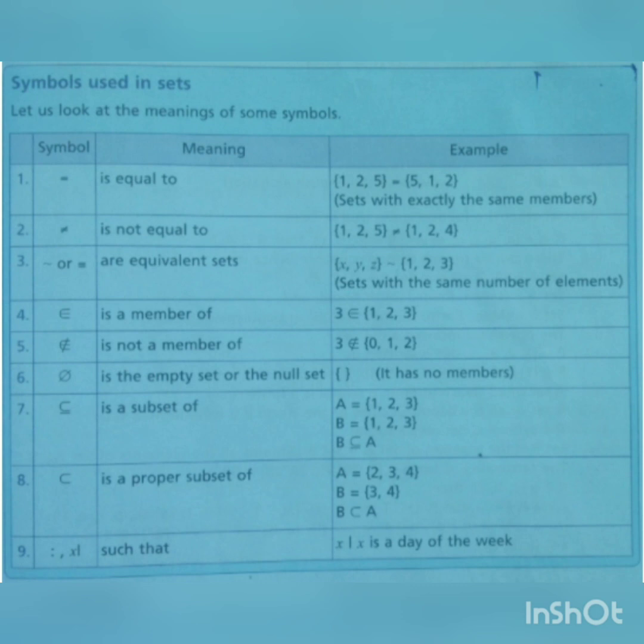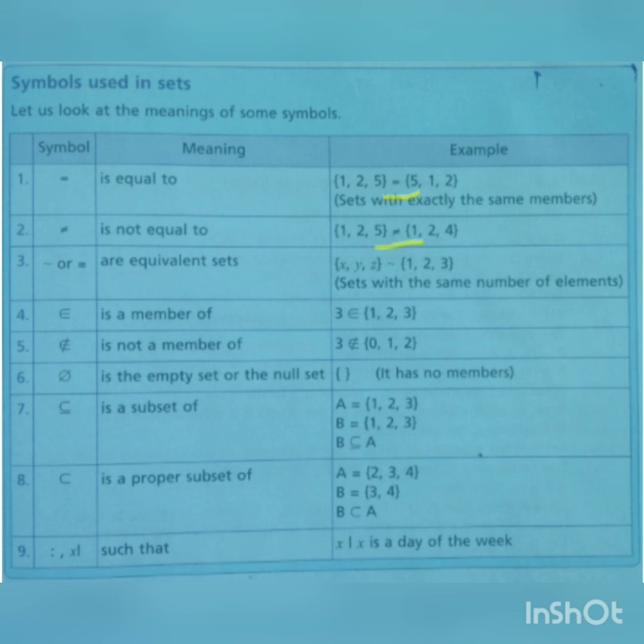We can see the elements of the first set are equal to the elements of the second set, which shows that both sets are equal, and we use this symbol. The second symbol is also mentioned here, which means not equal to, and the example is {1, 2, 5} is not equal to {1, 2, 4}. This symbol is used to represent is not equal to.